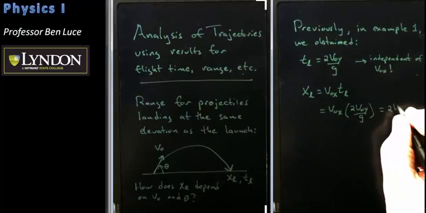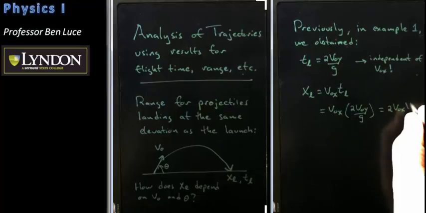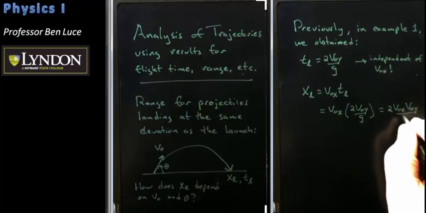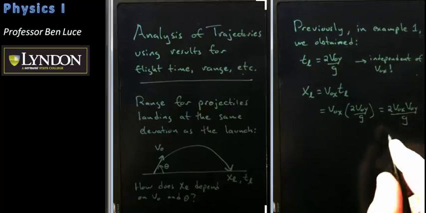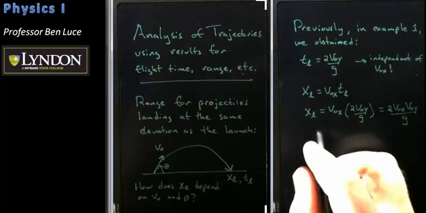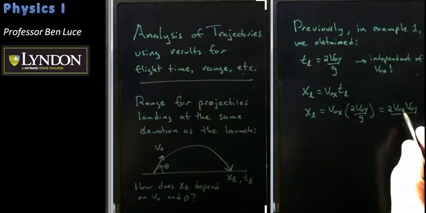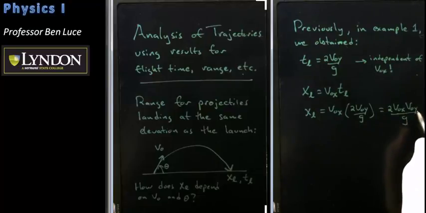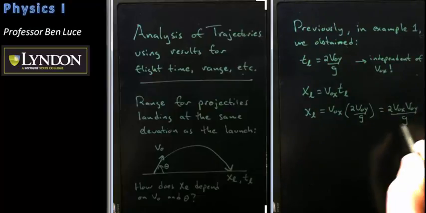And then rewriting it slightly, we find that the range, which I'll write again here, is equal to 2 times the product of the x and y components of the velocity divided by g.